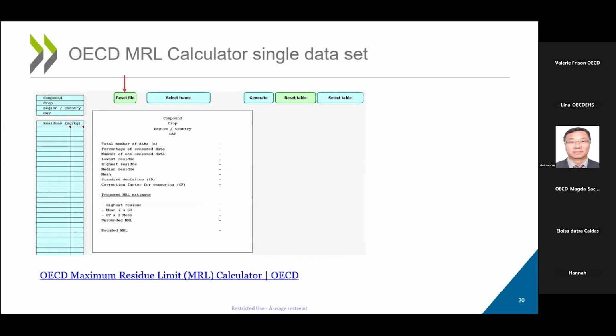Something else, as you can see, there are a number of buttons on the top, so you can receive a blank page if you reset the file. You can also generate a table with your data if you press generate. And finally, you can copy this information and paste it in your report if you click select frame or select table.